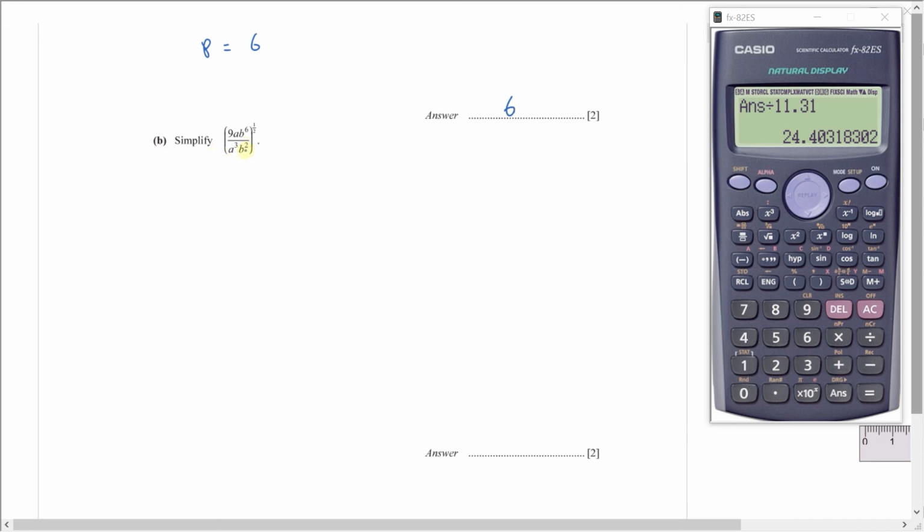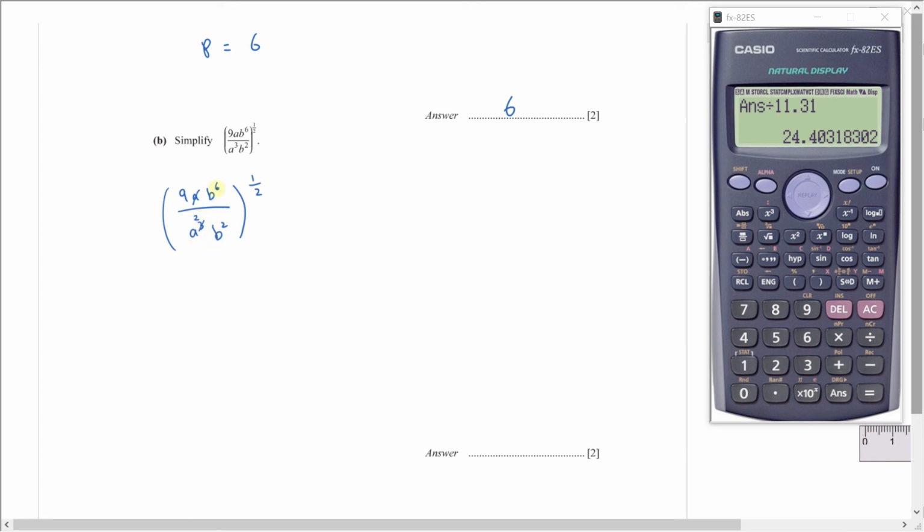Part B is simplify this expression. So first let's simplify the expression inside the bracket before we bring this power inside. So let me write it again: 9ab to the power 6 over a cubed b squared, and then whole power 1 over 2. So this is a cubed and this is a to the power 1, so I can cancel this and this will be left as a squared.